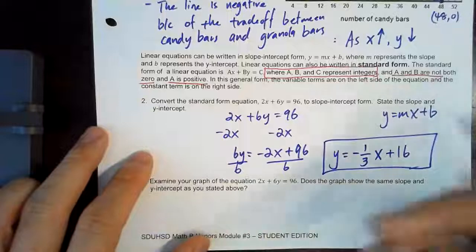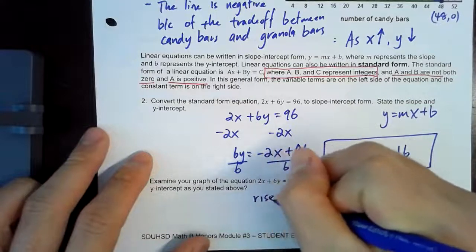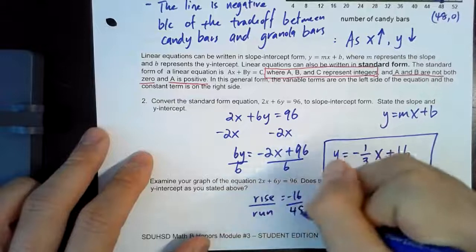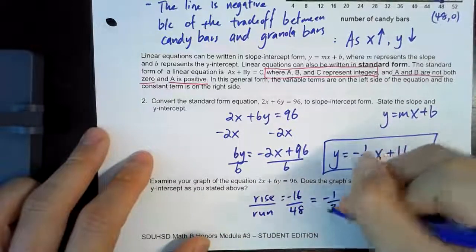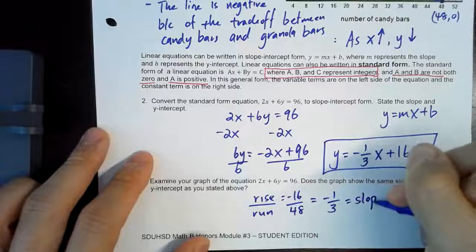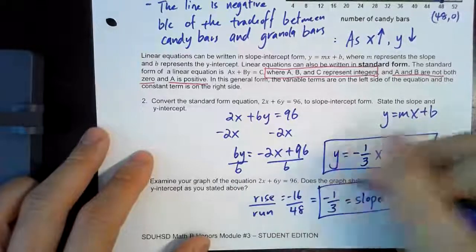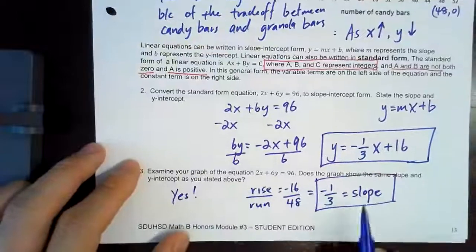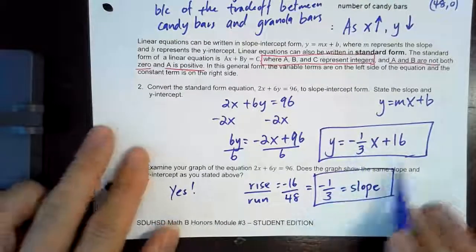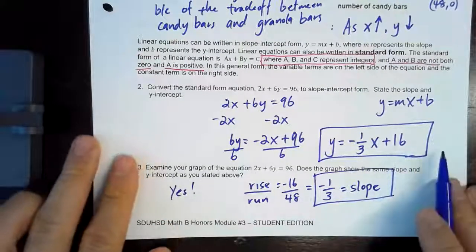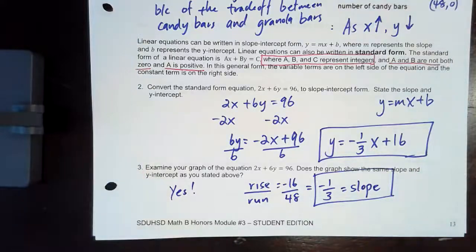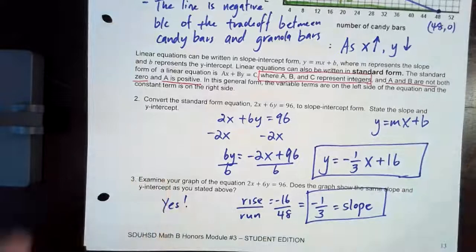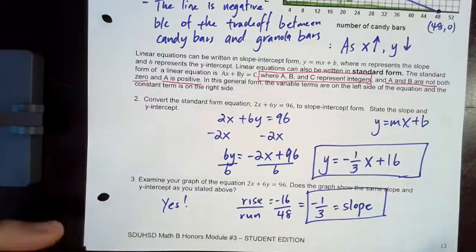Doesn't that mean the rise is negative 16, the run is 48, which represents negative 1/3 as your slope, right? So in fact, yes, it does. It shows negative 1/3 as a slope, and it shows 16 as a y-intercept.